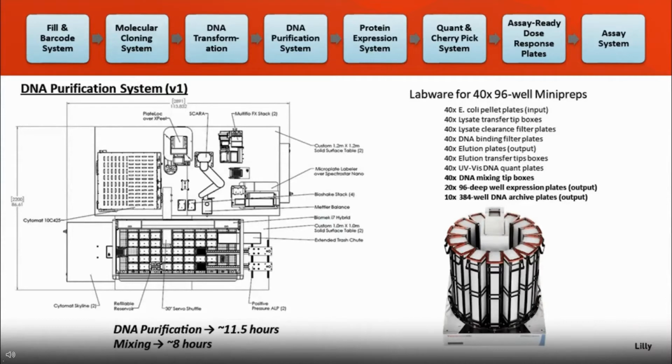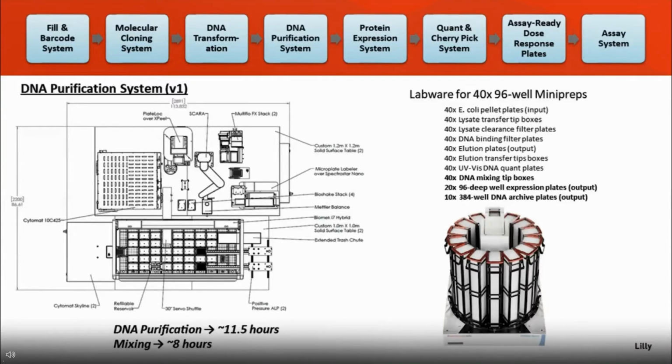And so we modeled that up as well. That's where you see additional labware on the right. So we have another set of tip boxes. We have the mixed DNA plates, which should be 96 deep well plates. And then we make an archive copy, which would be the 384 well copy with a small amount of DNA. That's kind of like our insurance policy if anything goes wrong with the original plates that we've made.